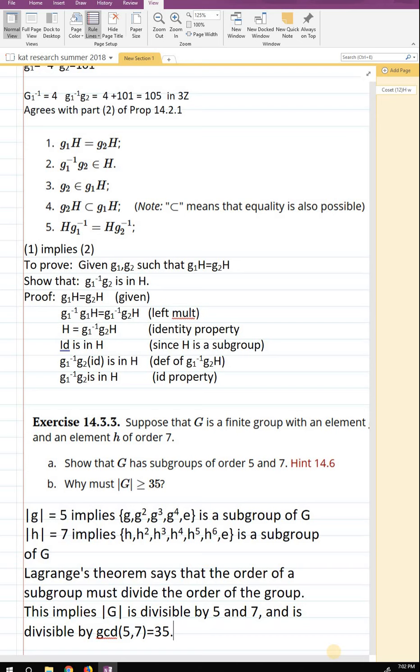The key fact that you're using is Lagrange's theorem. But this doesn't tell you anything about how G creates a subgroup. The key fact is that each element has its associated subgroup. That's the key thing that you take from the previous chapter.